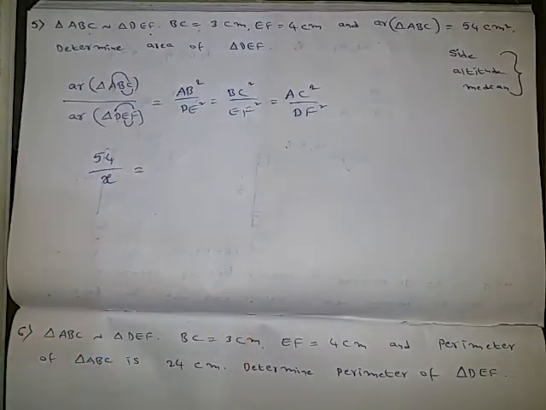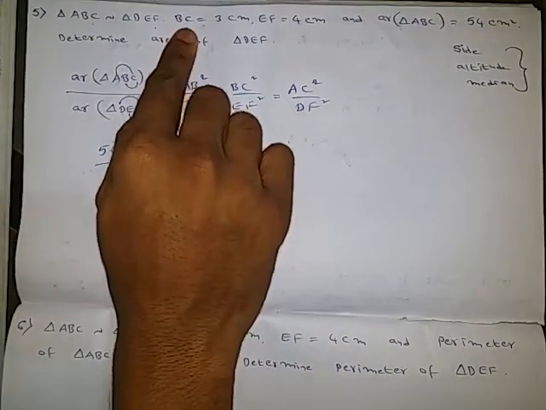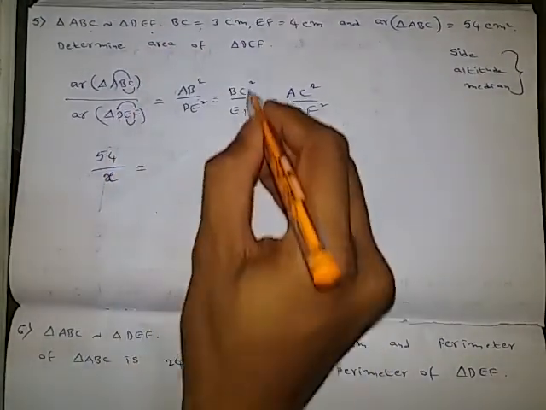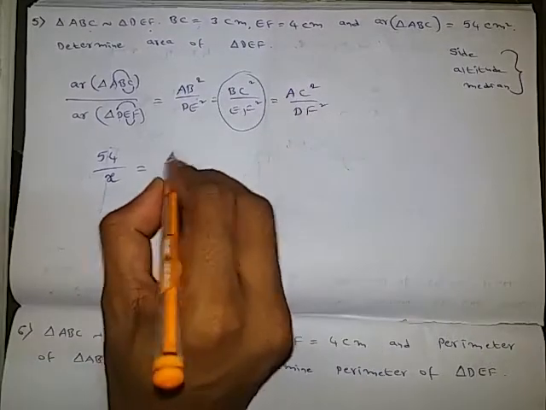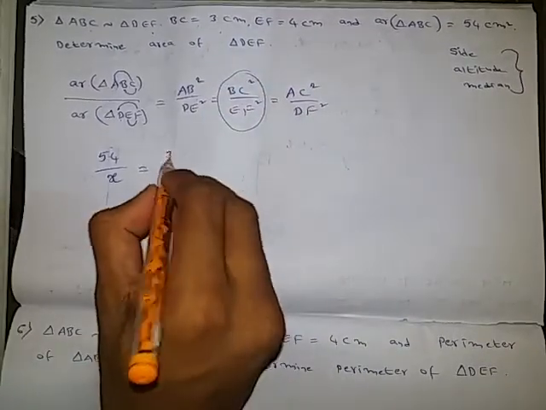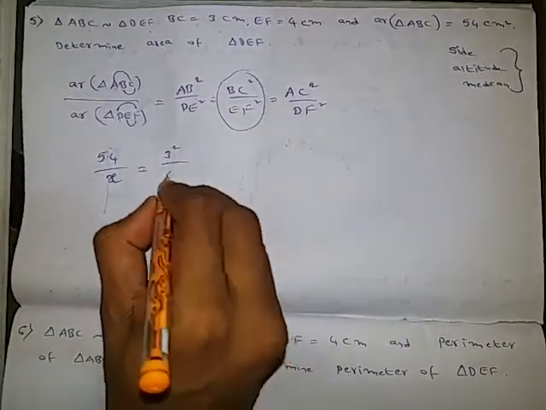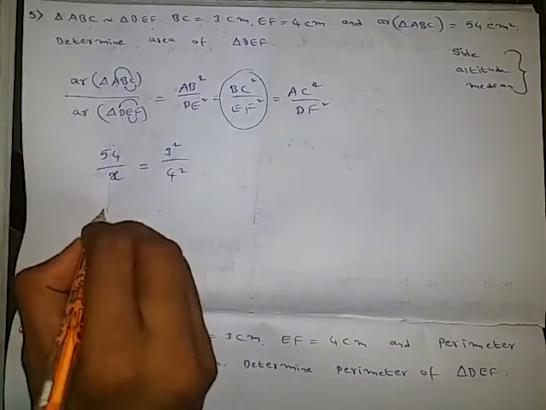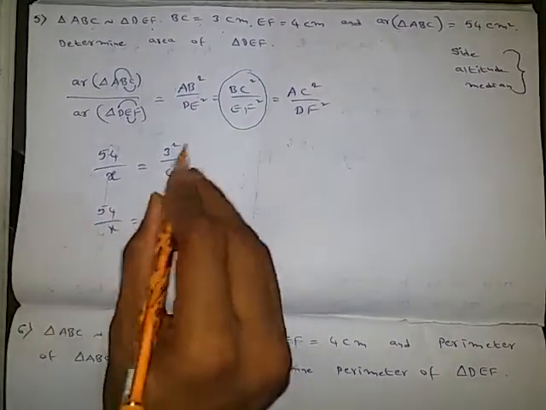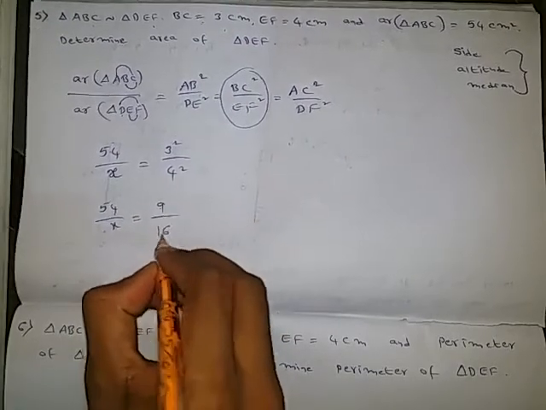Here we have the values of BC and EF, so I will take BC and EF now: BC is 3, so 3 squared by EF 4 squared. 54 by x is equal to 3 squared, 9, by 4 squared, 16.